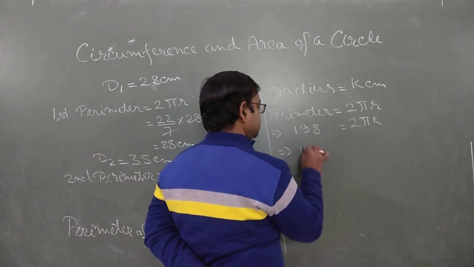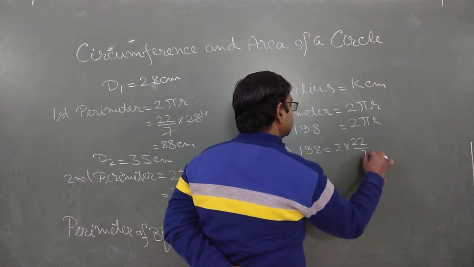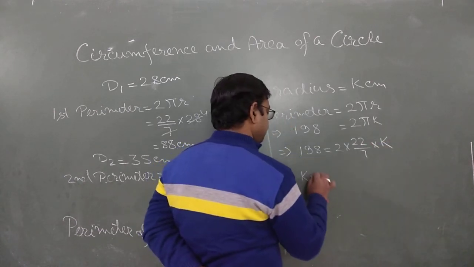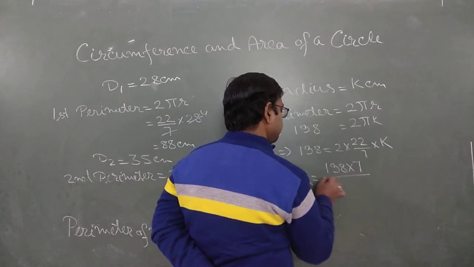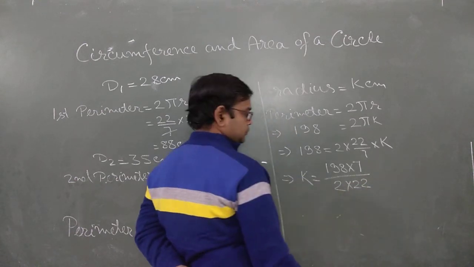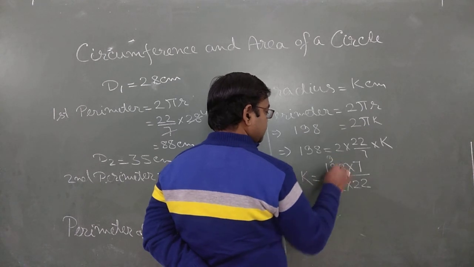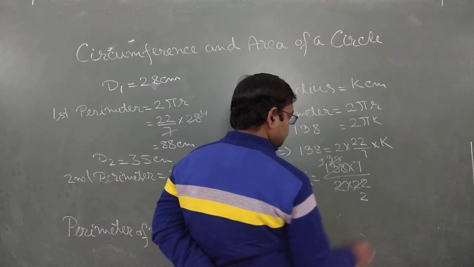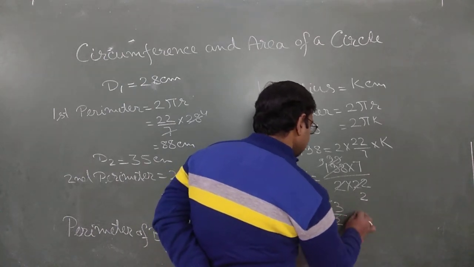Now try to solve it. 198 into 7 divided by 2 into 22. 2 9s are 18, 2 9s are 18, 11 9s are 11, 2s. It's 63 upon 2 centimeter.